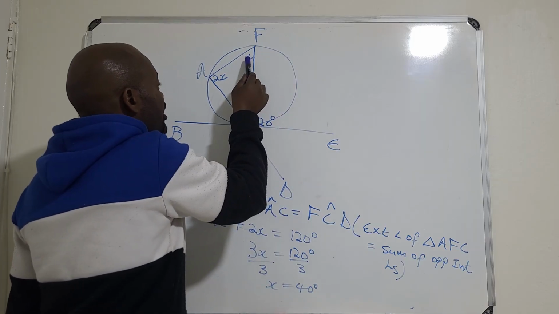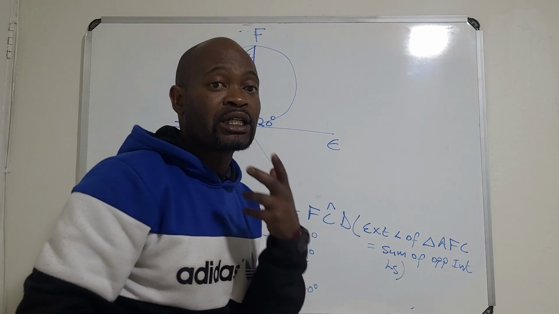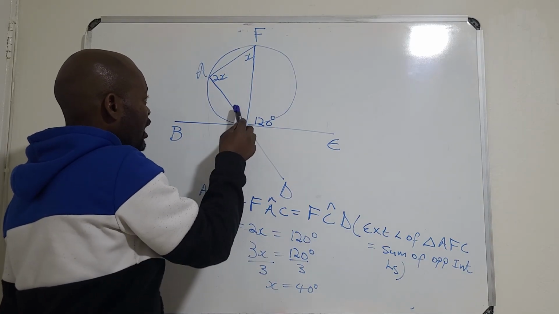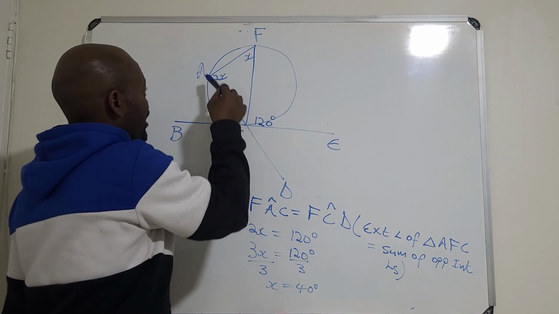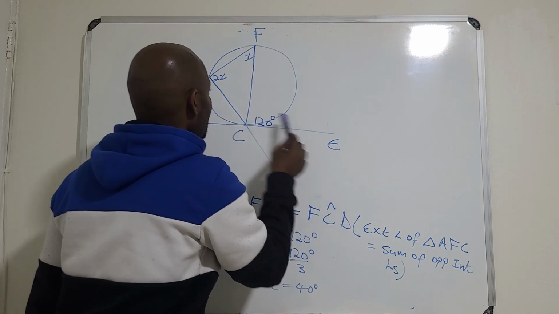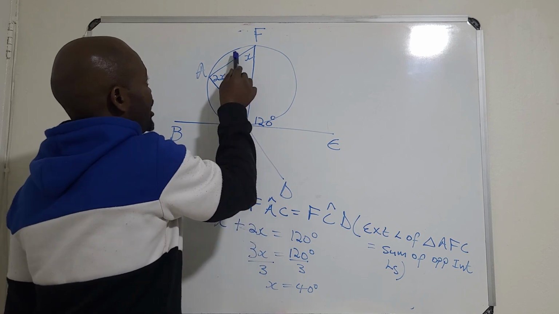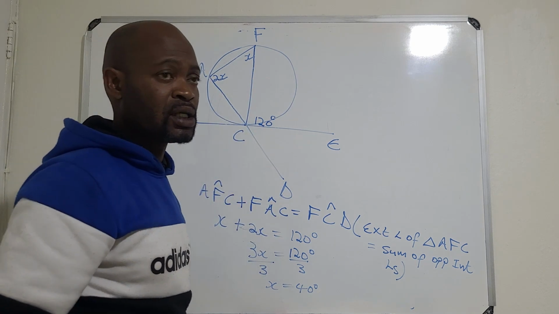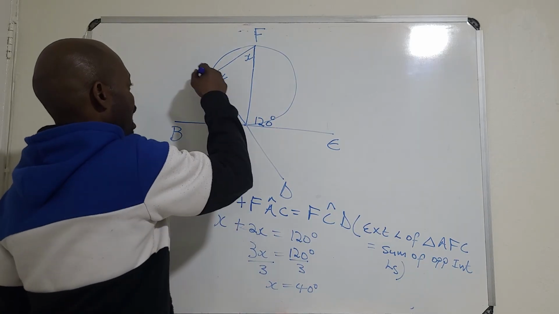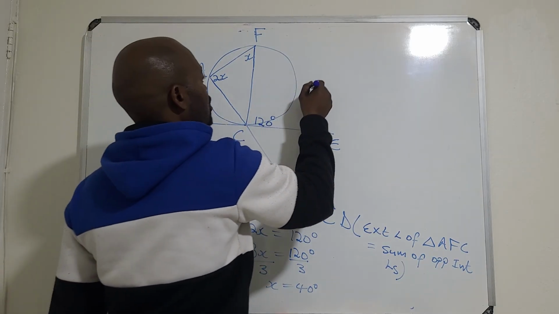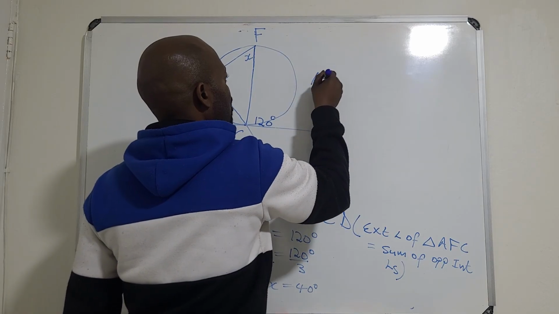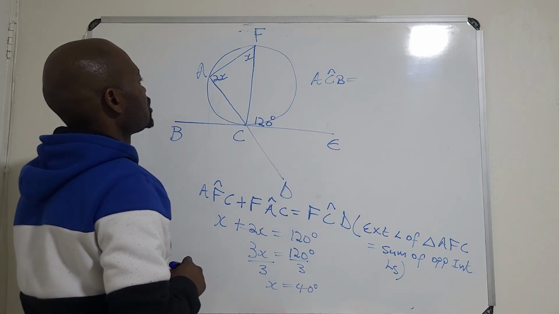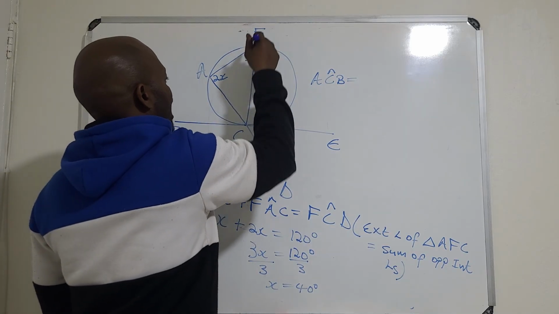Therefore, it is going to be equal to that, because the tan-chord theorem tells us that the angle made by the chord and a tangent is going to be equal to this angle which is subtended by the very same chord. Therefore, angle ACB is equal to angle AFC.